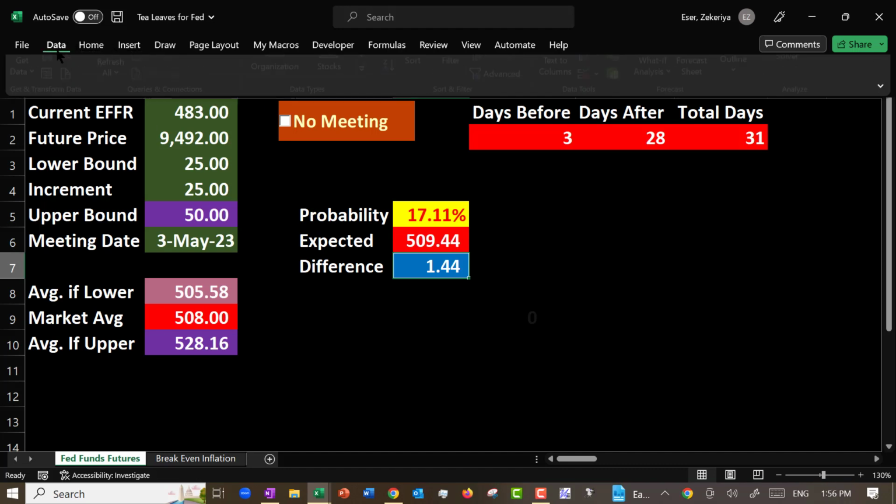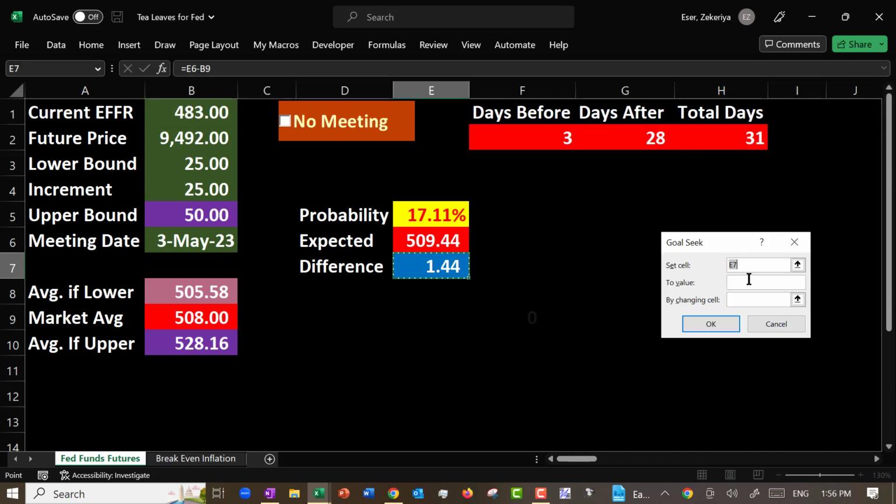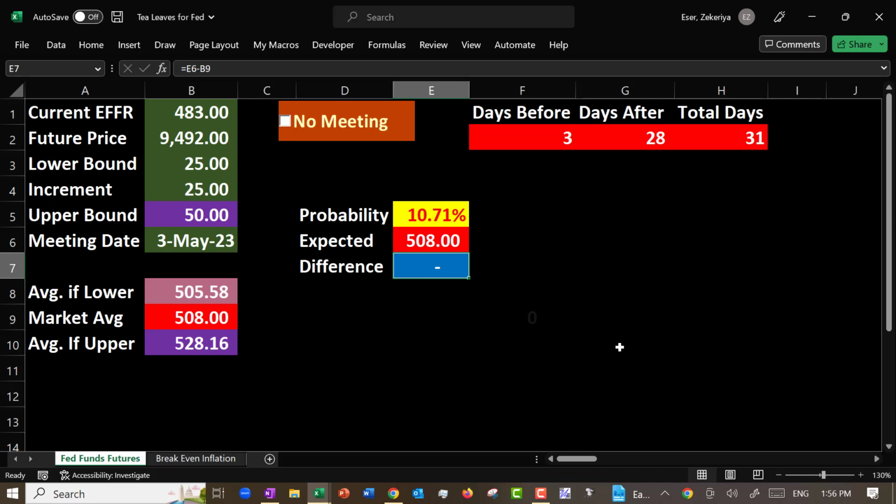Make that difference 0. Only 1 in 10. But what's important is market is pretty much banking on a combined 50 basis points move in March and May meetings.